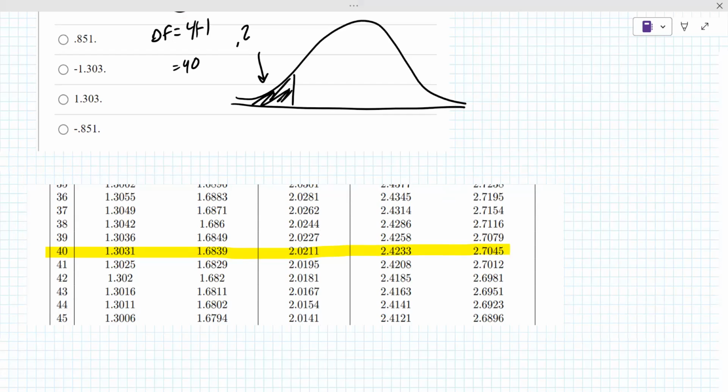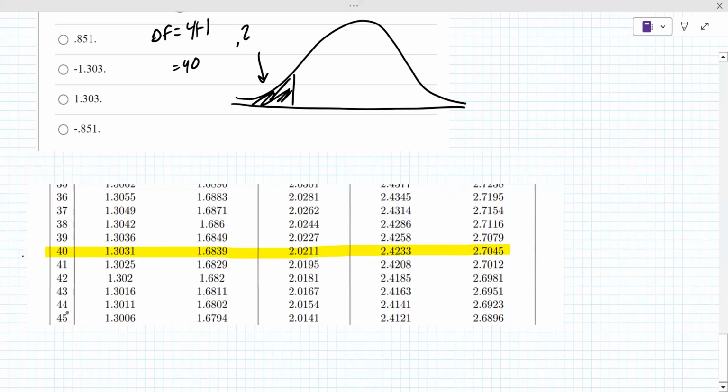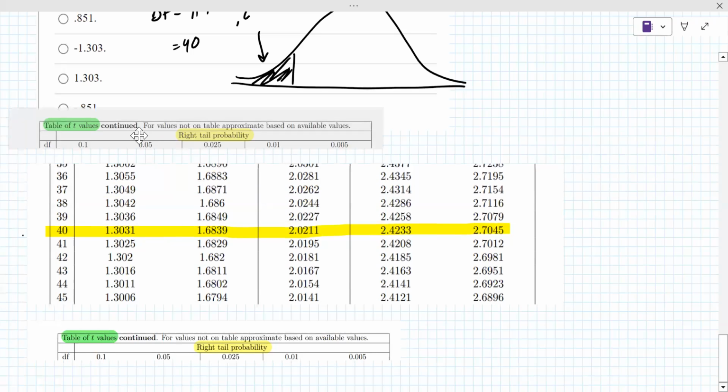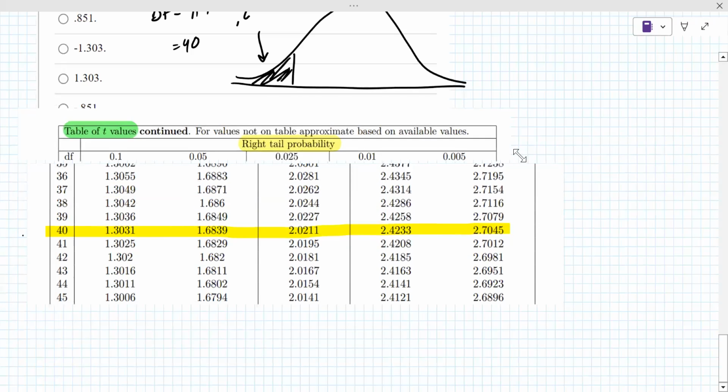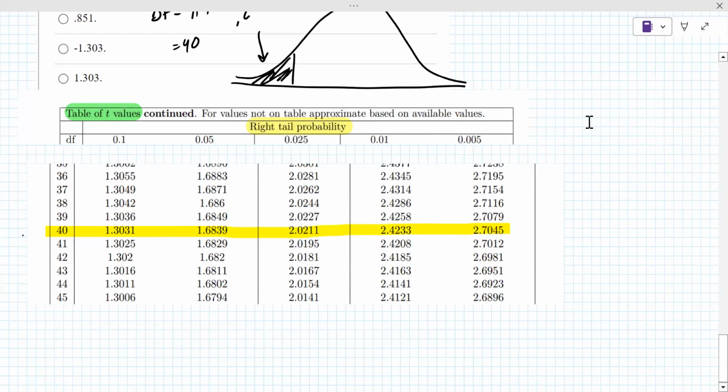So, darn. The way this table is constructed, the first column, or all these, are for one tail. You need to know that this, so it's not in your table.